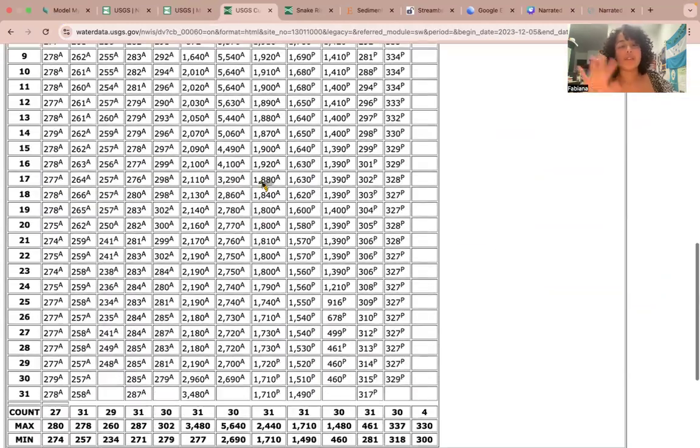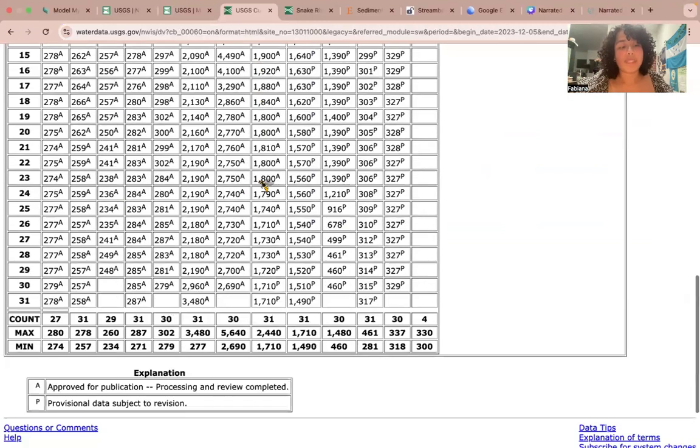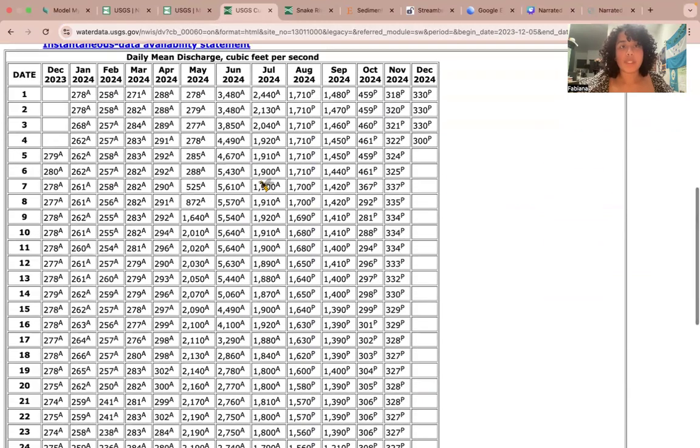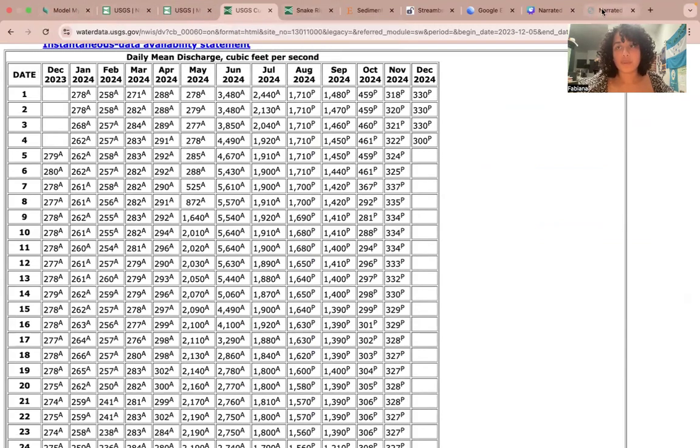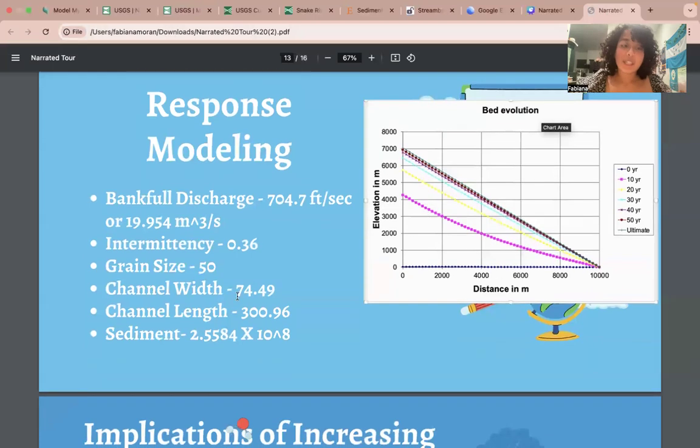What I basically did over here is I counted the number of times that the average discharge was less than or greater than the number I got for my year total. And I used the grain size with the paper referenced earlier, and I showed my channel width.